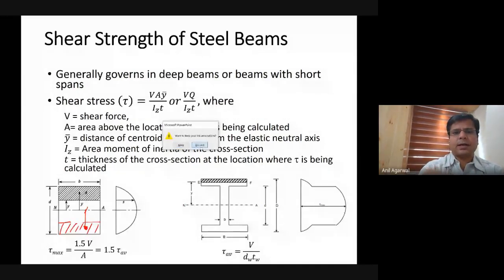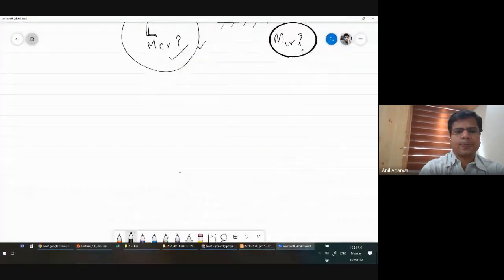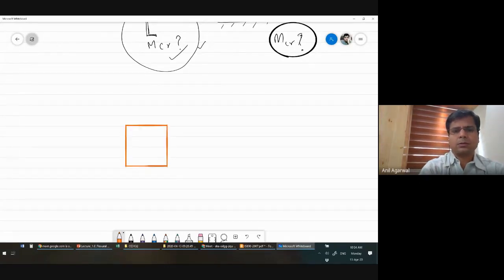Let's say I have a rectangular section, and there is a small strip in the middle of this section. This section is basically the cross section of a beam that is extending.